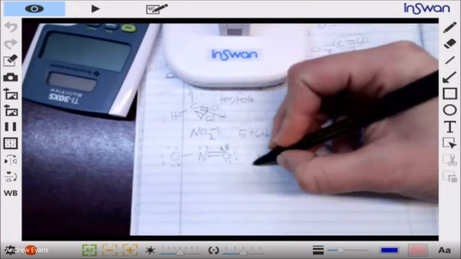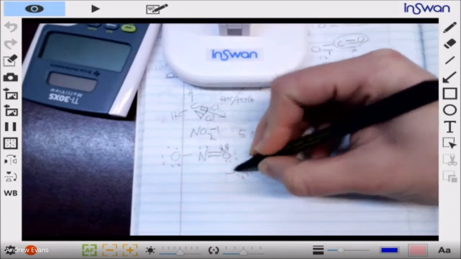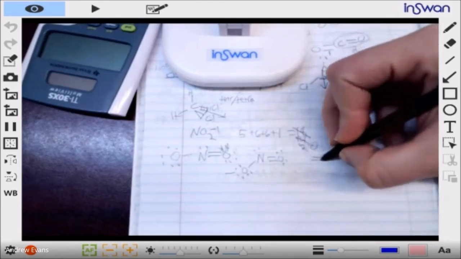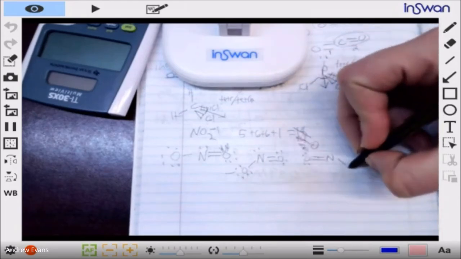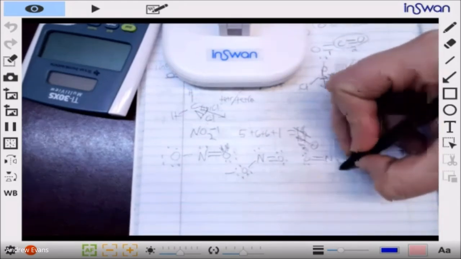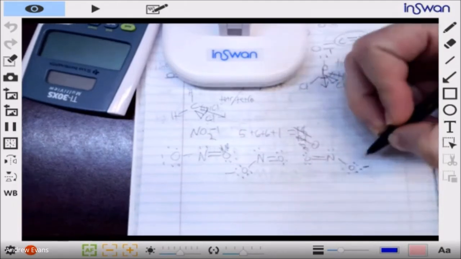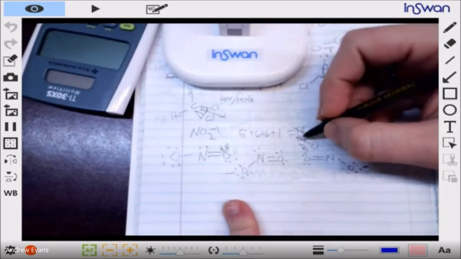Yes. We are doing it like this in this particular case, but we could also do it like this, putting the double bond on the left instead of the right. This will not change your structure.